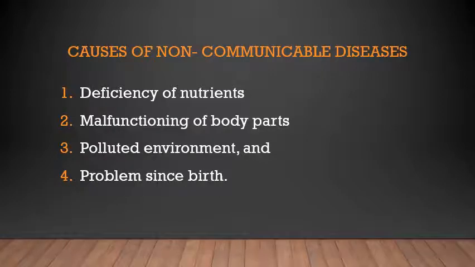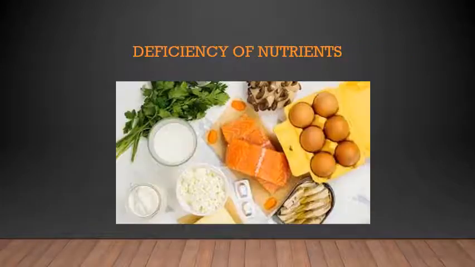Now we'll see the different causes of non-communicable diseases: deficiency of nutrients, malfunctioning of body parts, polluted environment, and problems since birth. Deficiency of nutrients means if you are not taking enough nutrients for your body, it will result in some kind of disease.